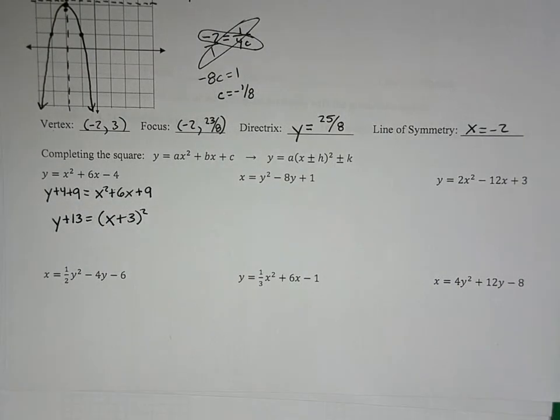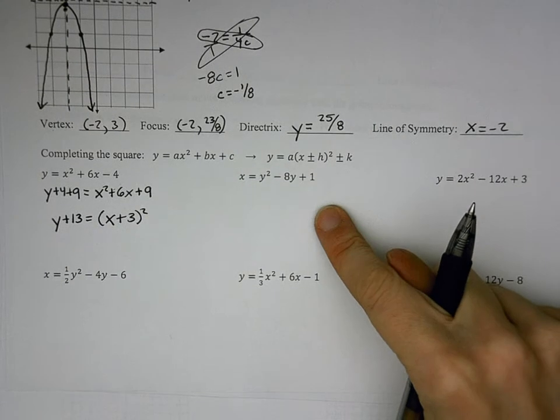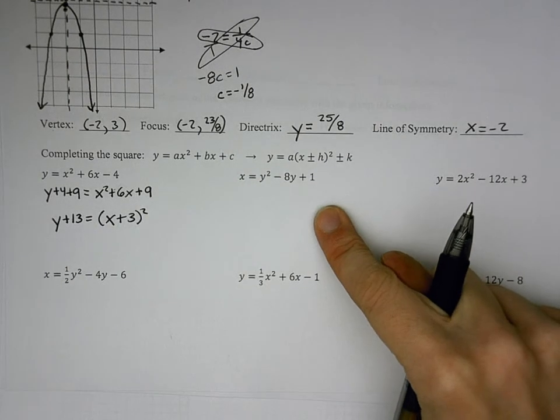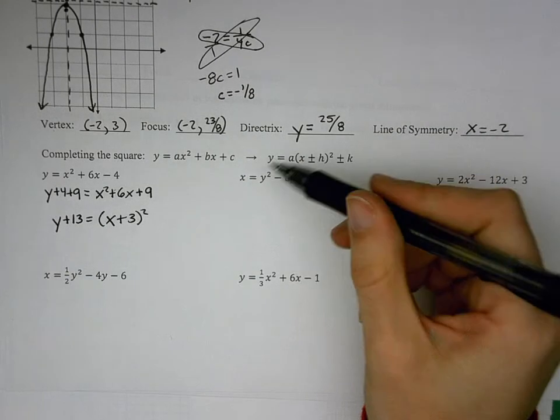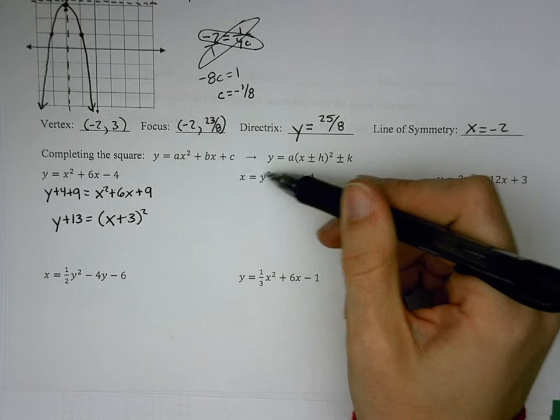Okay, I want you doing this one next. So go ahead and pause the video, give this one a shot, restart it when you're ready. Okay, getting rid of anything that's not part of the squared variable. In this case, that's subtracting that 1.